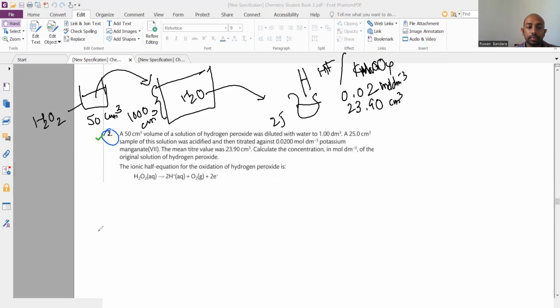Again, we can find the moles of MnO4-. That is 0.02 into 23.9 divided by 1000.